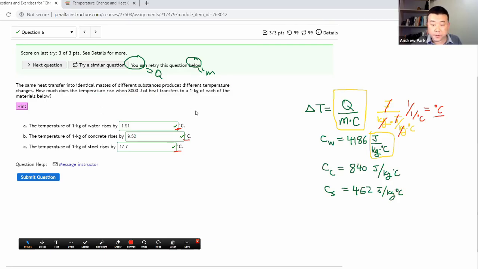In fact, one of the special things about water is that this specific heat capacity is unusually large. And what that means is that for the same amount of heat absorbed, the amount of change of the water temperature will be smaller compared to almost any other substance.